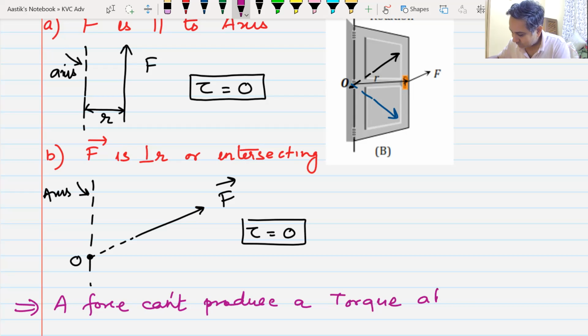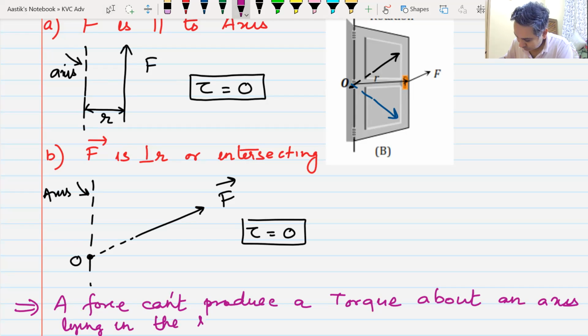About an axis. Lying in the same plane. If the axis and your torque lie in the same plane, my dear friends, your force cannot produce the torque.